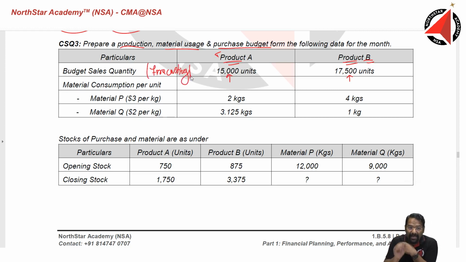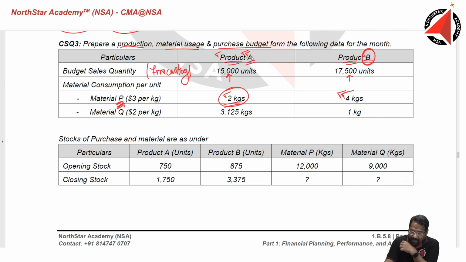To make 1 unit of A, the company needs 2 kg of raw material P. Similarly, to make 1 unit of B, the company needs 4 kg of raw material P. Agreed?